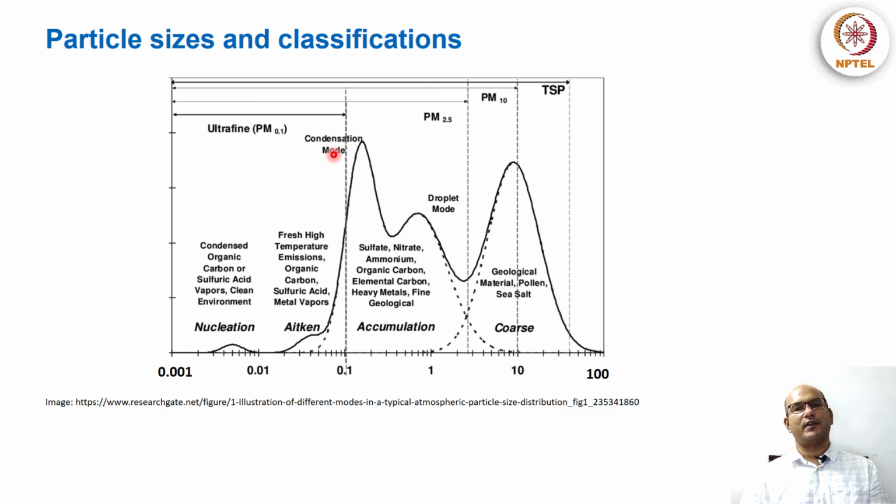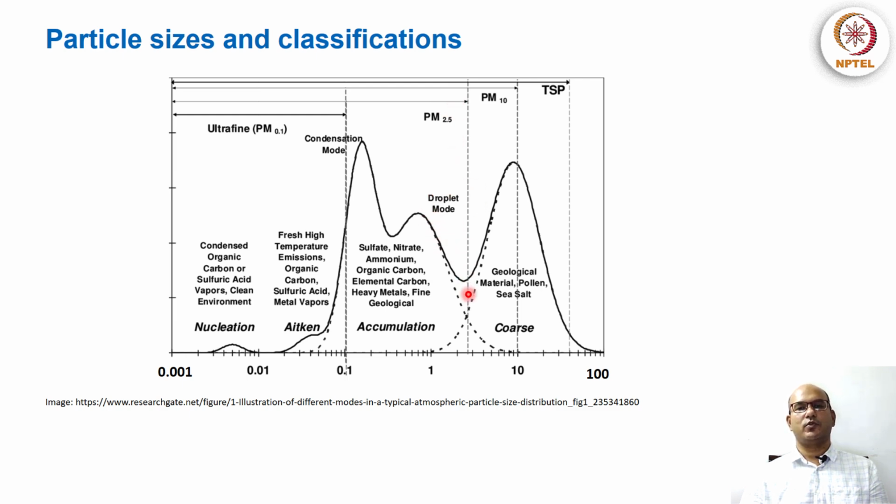We are at condensation mode around 0.1. Then we have the accumulation particles, which are 0.1 to around 1 micrometer approximately. These are our sulfate, nitrate, ammonium aerosols, organic carbon, elemental carbon, heavy metals and fine geological material. At 2.5 we are at this level, which can include droplet mode.